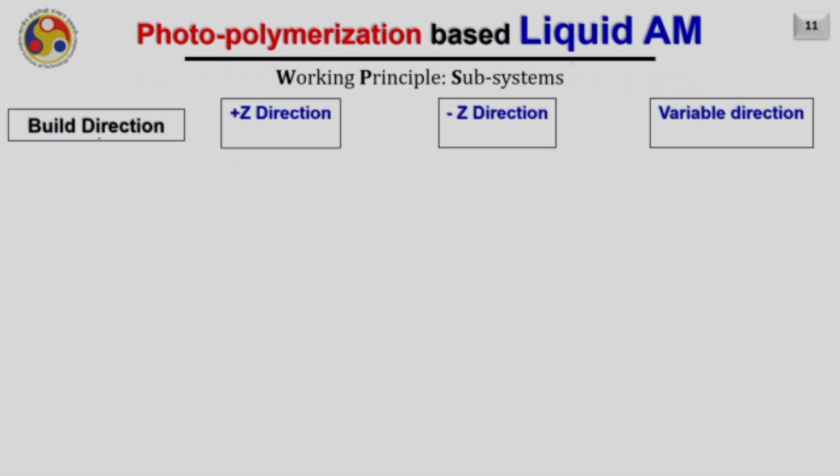The next very important subsystem in the liquid additive manufacturing machine is the build direction. The platform available for building the part can build it in Z direction. In that case, for example, this is the build platform, it will be attached with some mechanism, for example, a scissor lift.